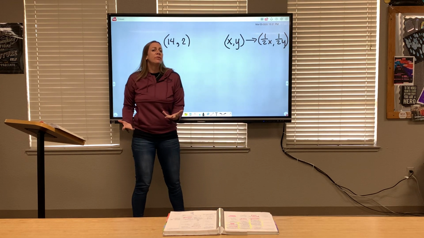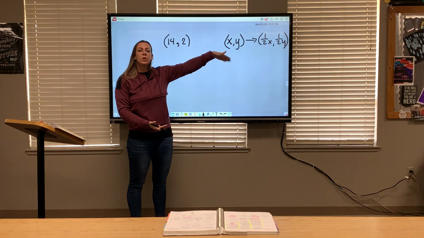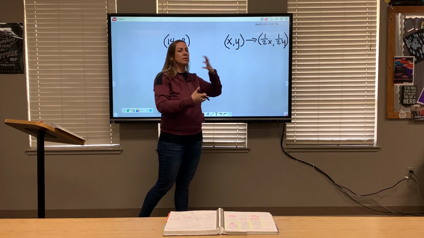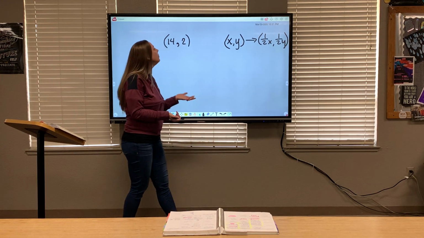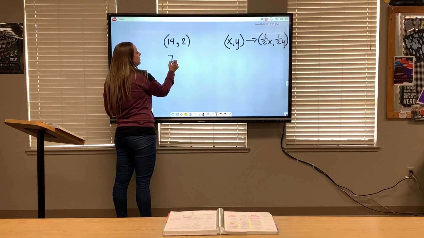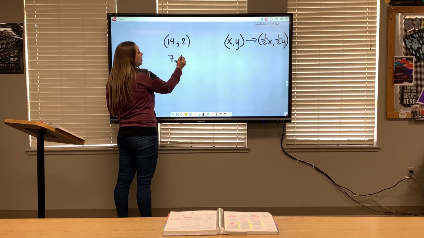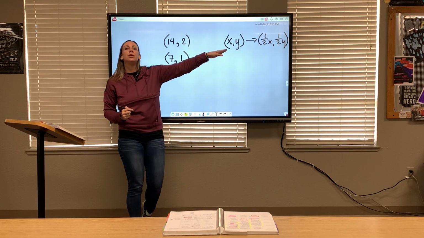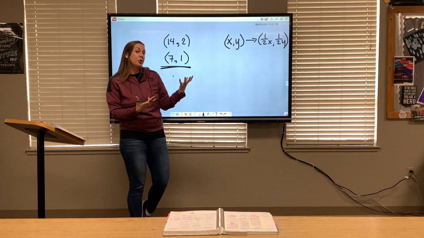So this is a little bit different. Again, we're still multiplying, but when you multiply by a fraction, you're dividing by the reciprocal, or dividing is the same thing as multiplying by the reciprocal. So all I'm doing when I take half of 14 is I'm going to make my dilation here 7, and then half of 2 is 1.